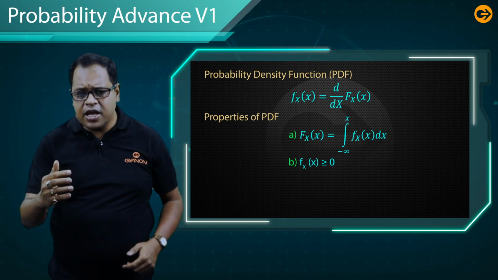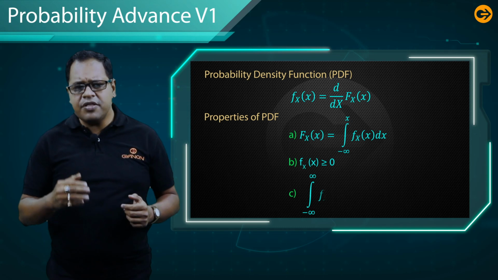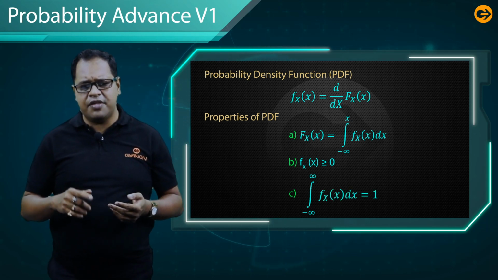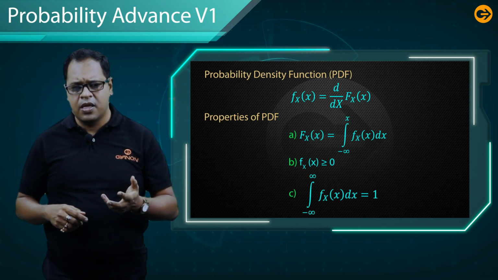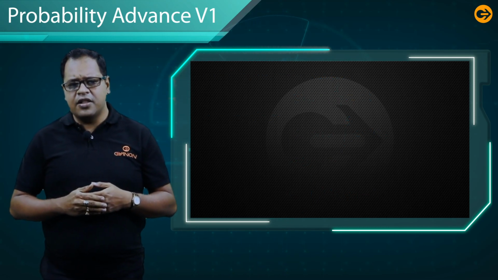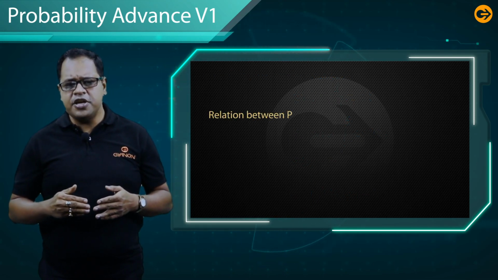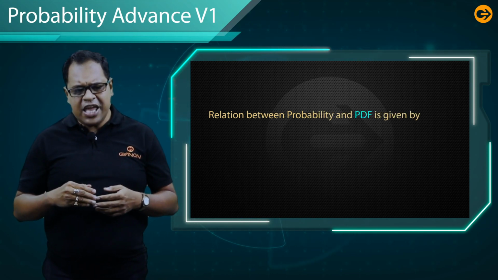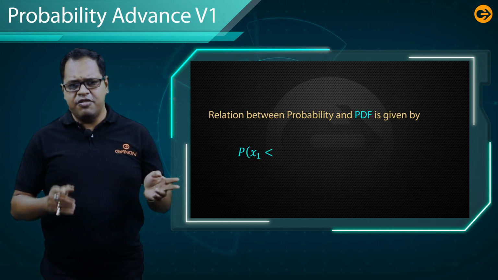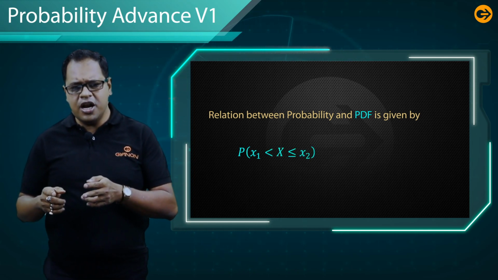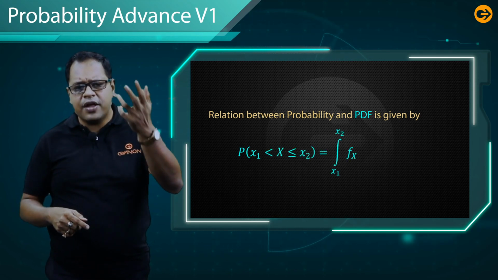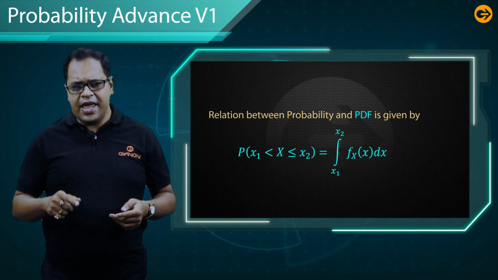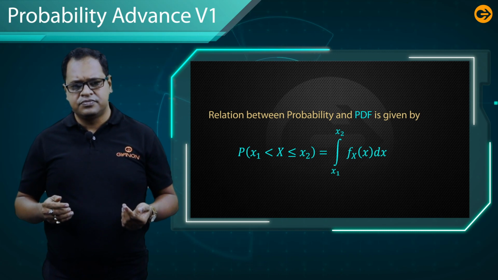Number 3 property is the integration from minus infinity to infinity of f_X(x) dx is equal to 1. Now the relation between probability and PDF is given by P(x1 < X < x2) = integration from x1 to x2 of f_X(x) dx.